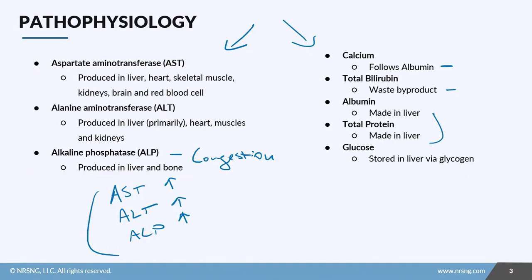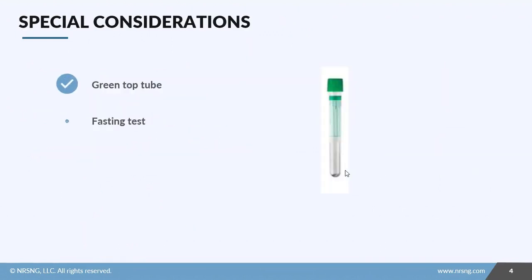And then we also look at glucose because it's stored in the liver as glycogen. And we have several different lessons on all of these particular labs, so I want you to go check those out so you can understand them more in detail. But for our purposes of the liver function test, this is how they play a role in this particular process.